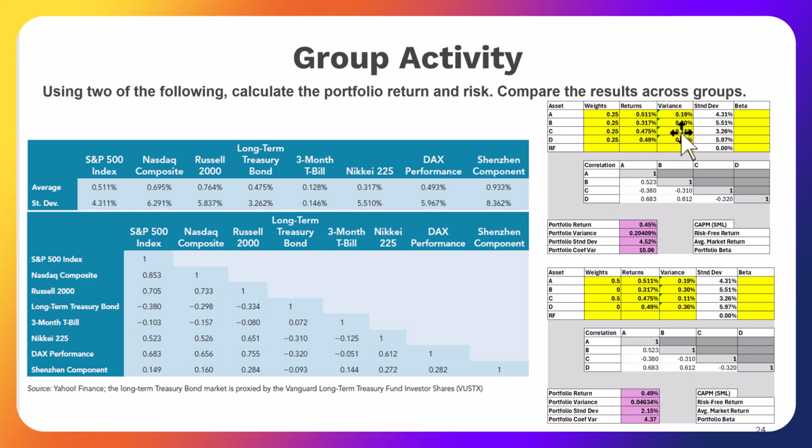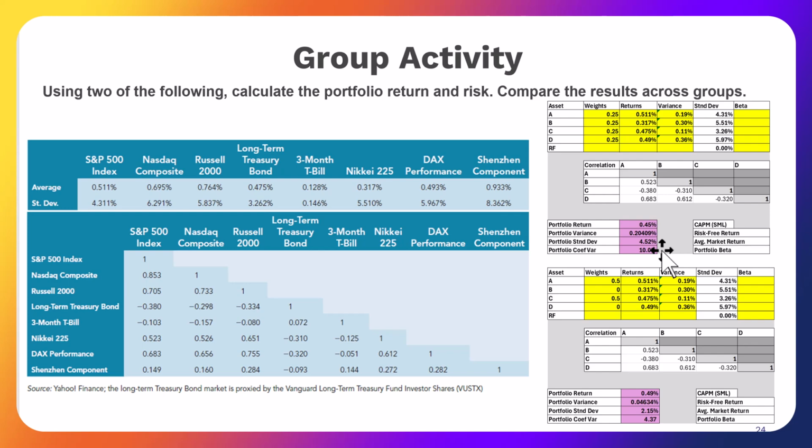I have their returns, their variance. I have input their correlations into the table. So an equally weighted portfolio would give us a return of roughly 0.45% per month, and the standard deviation of that is 4.52%.